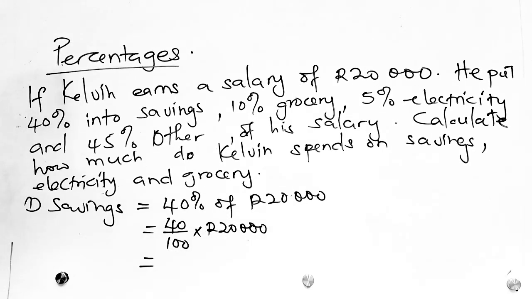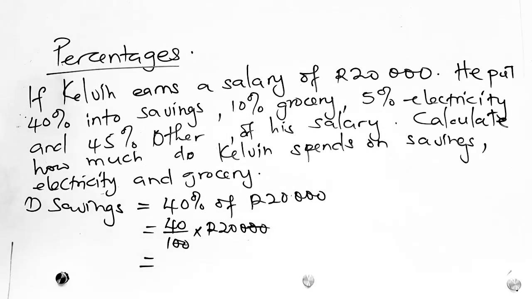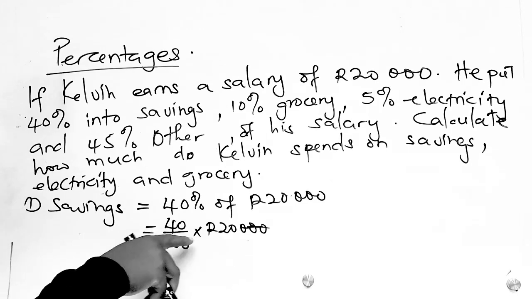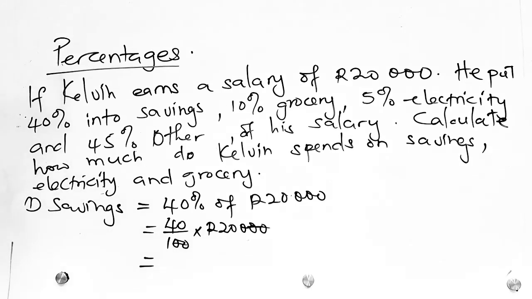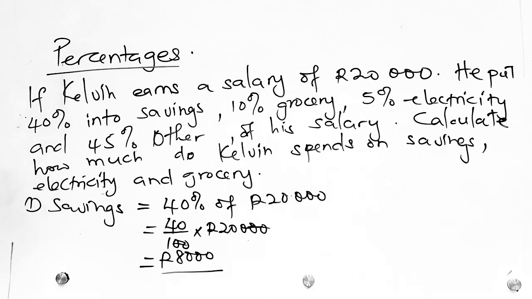These 2 zeros can cancel. We're left with 200 multiplied by 40. We get 8,000. That is the amount Kelvin is going to put into his savings account.